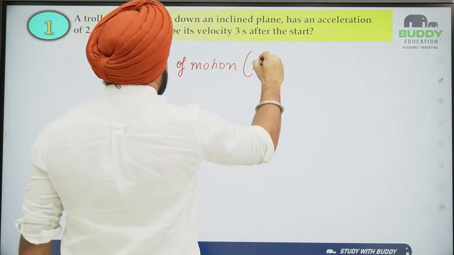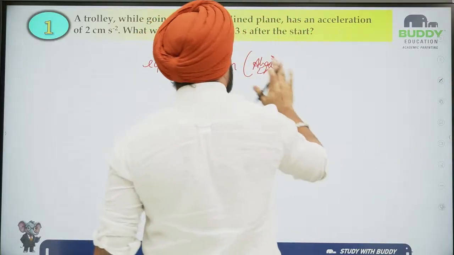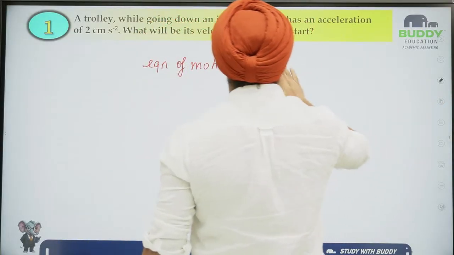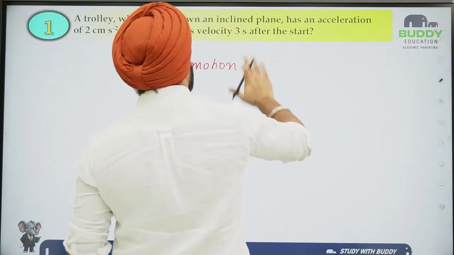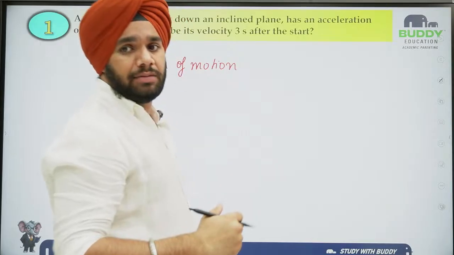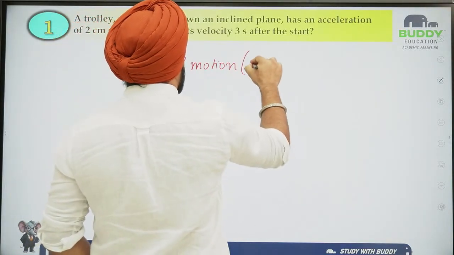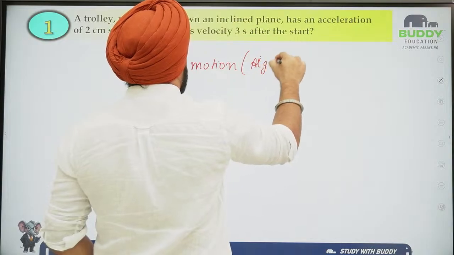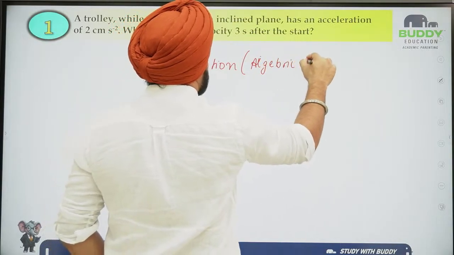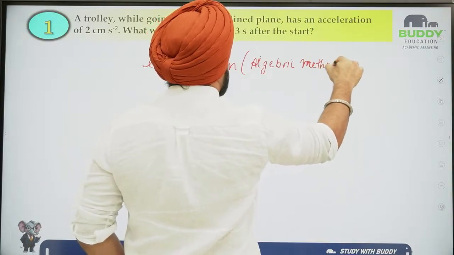We call it the algebraic method, and this is very much related to average speed and velocity, so it becomes very useful sometimes to understand average speed and average velocity. That is why I'm using this. So equation of motion, algebraic method. Post that we'll be discussing the numericals.